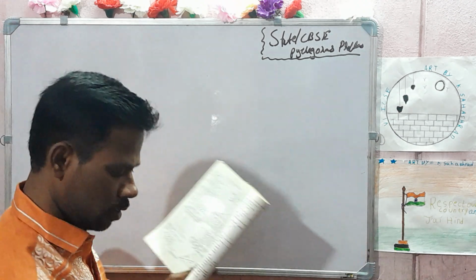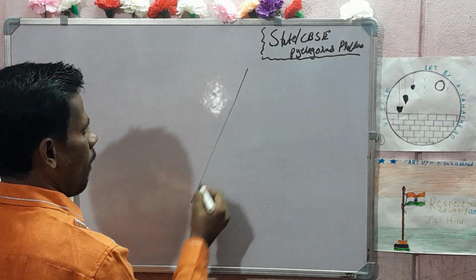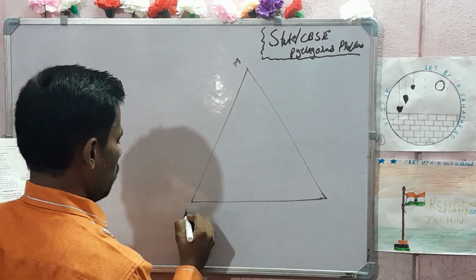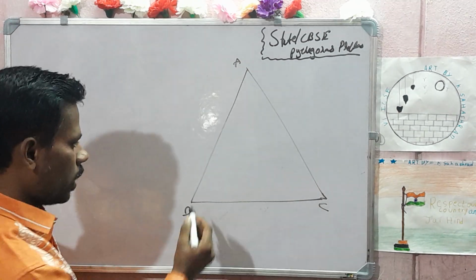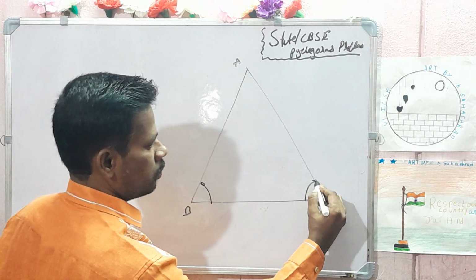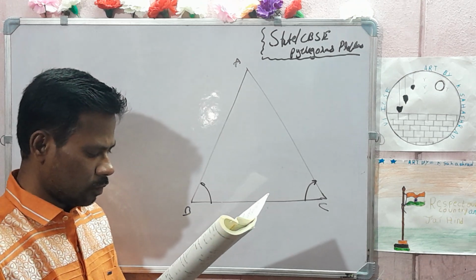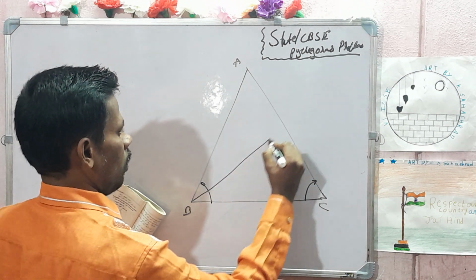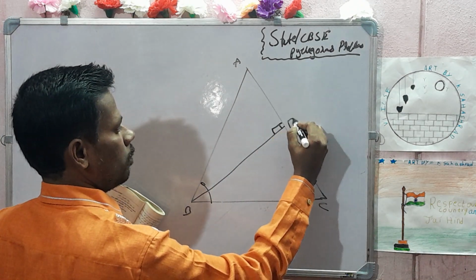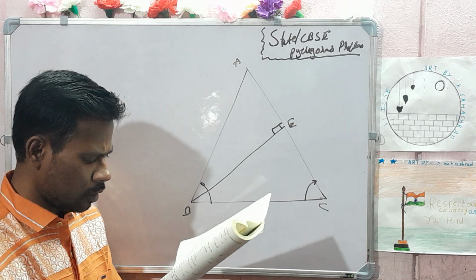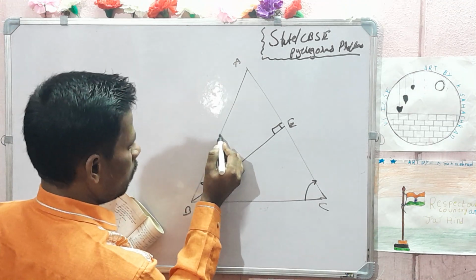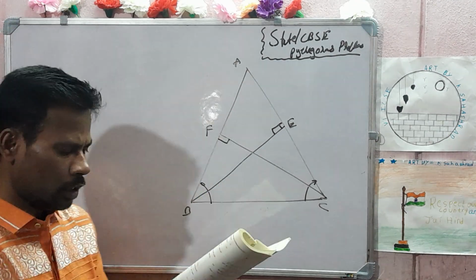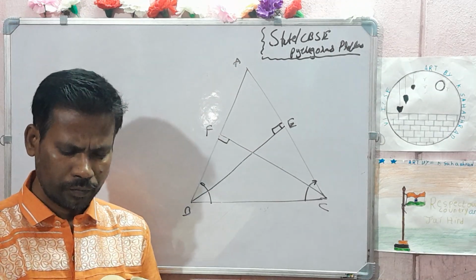If BE is perpendicular to AC and CF is perpendicular to AB. So they have given this condition.